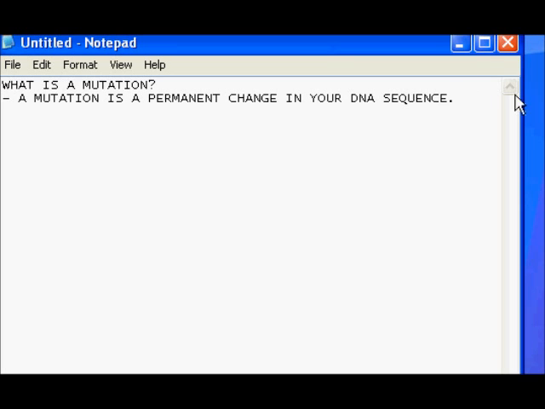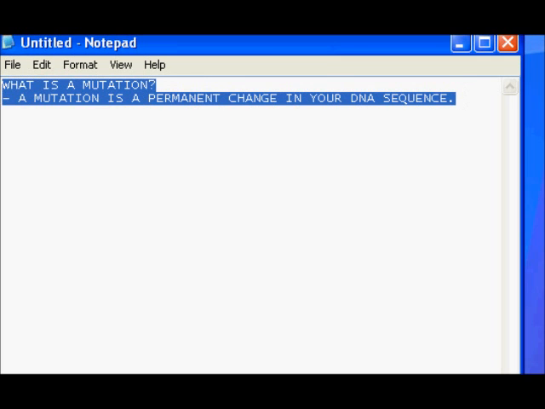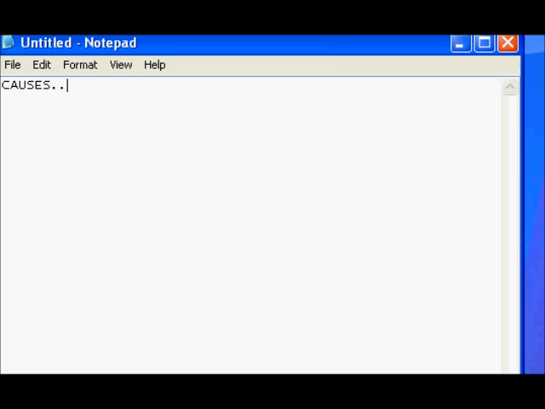Now we're gonna go over the causes. There are two different kinds. Number one is environmental agents. These consist of radiation and chemicals.